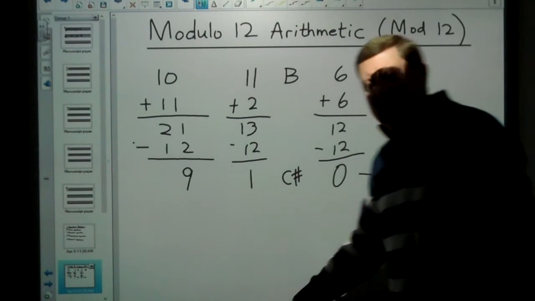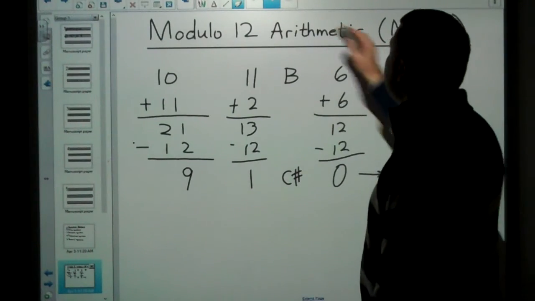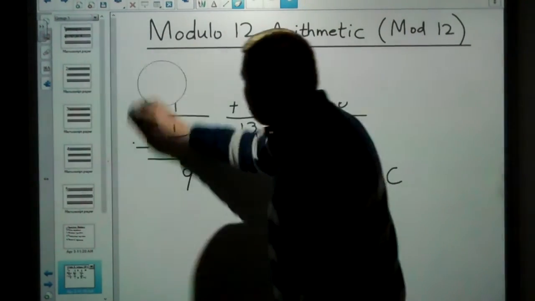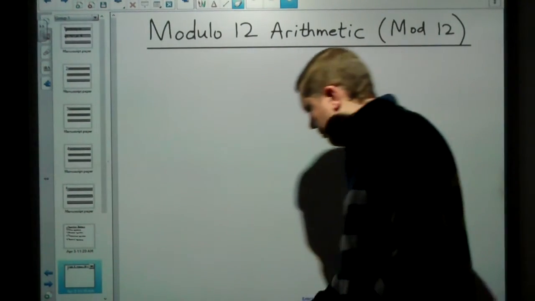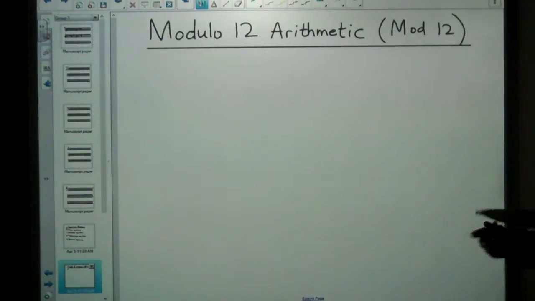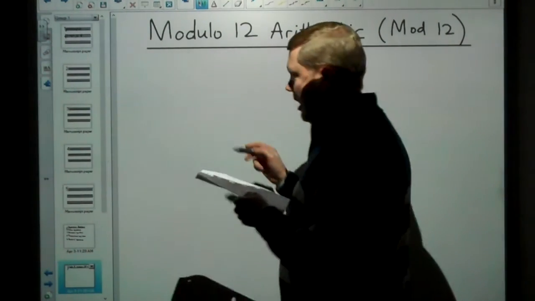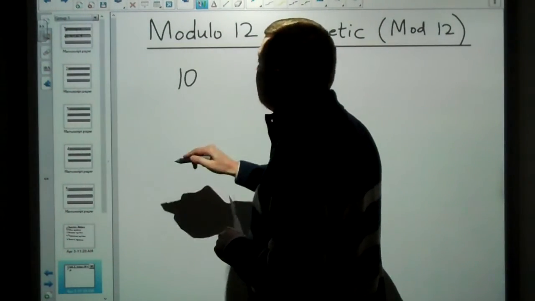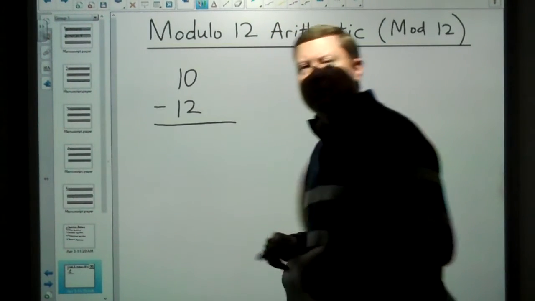Let's do a few more arithmetic problems, this time subtracting pitch class integers. I'll come up with just a few more short examples so you can know how to add and subtract pitch class integers. Let's say we take pitch class 10 and subtract an octave, or 12 semitones.